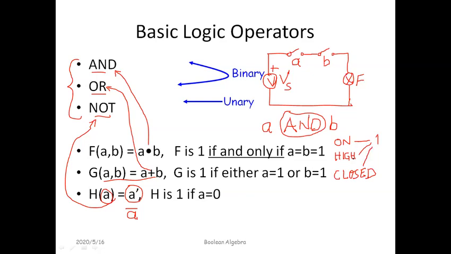So in this topic, we'll basically be looking at two constants, a 0 and a 1. This will be all we'll be discussing. Everything will be pivoted around a 0 and a 1.